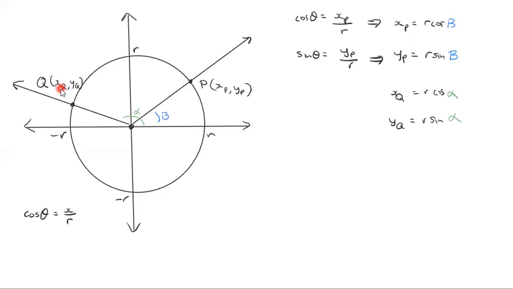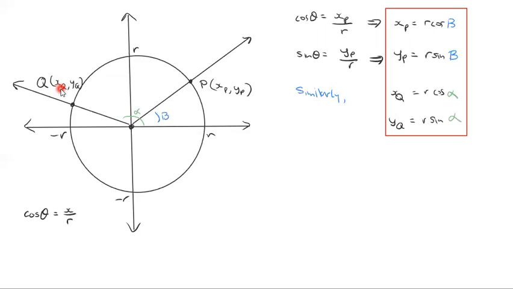Exactly. So similarly, using the definition. And so now at this point, we have the x coordinates of P and Q worked out in terms of alpha and beta, correct? Yeah. Happy with that? Yes.